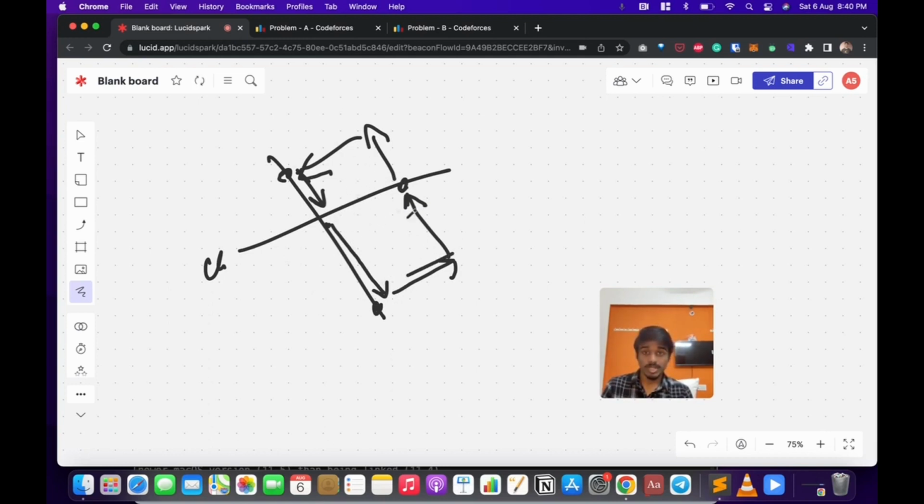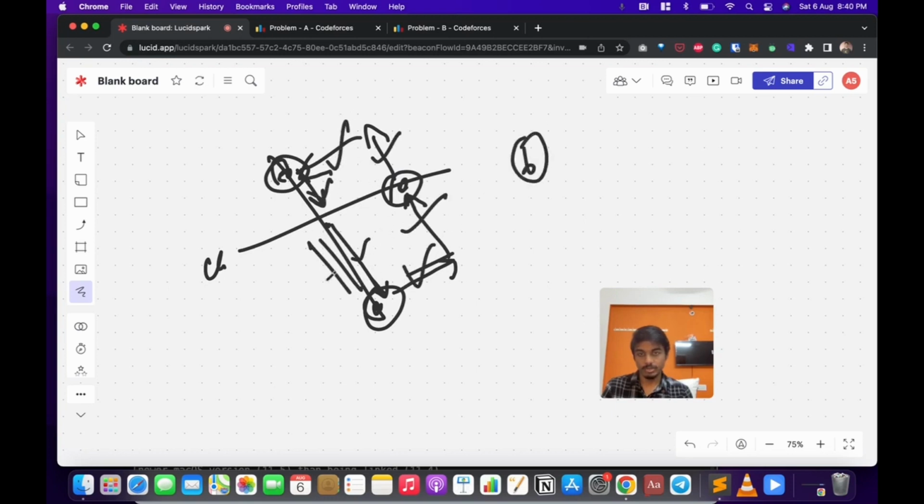If any three coordinates are present, then one, two, three, four. So here, what is the total cost? One, two, three, four, five, six. In my code, it will give one, two, three, four, five, six. What?